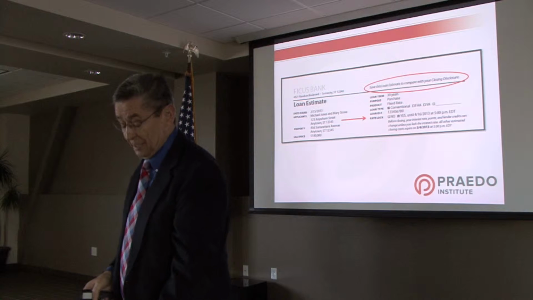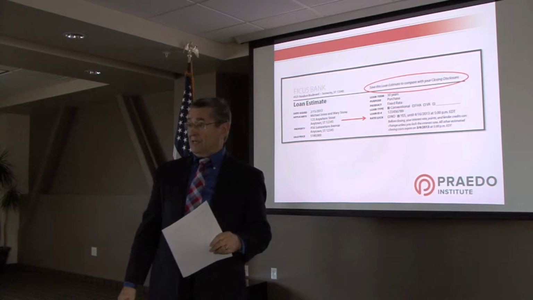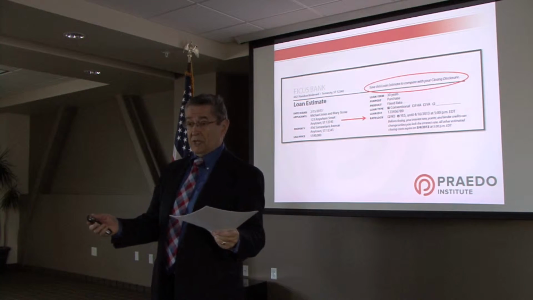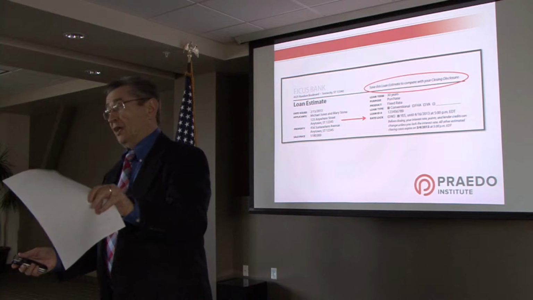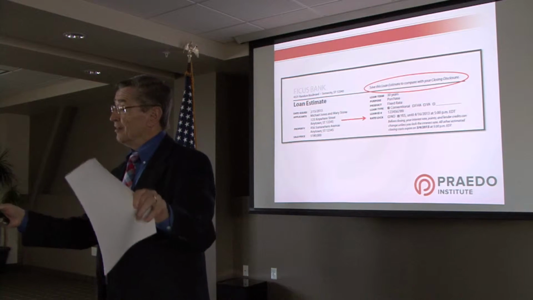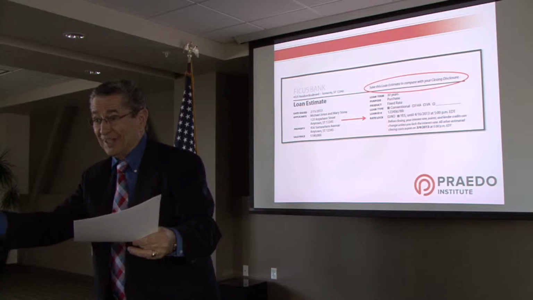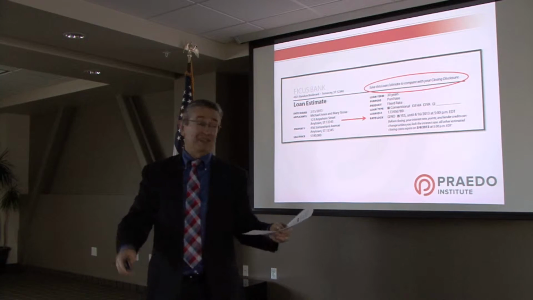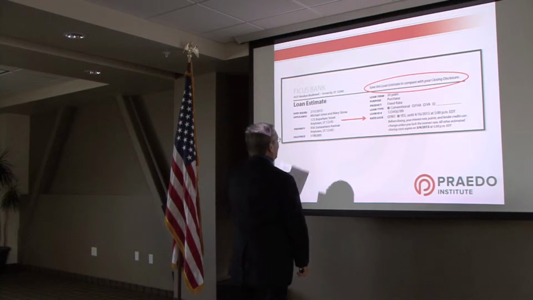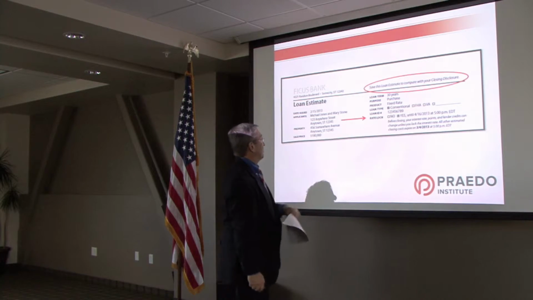We'll talk about those in a second. So that's kind of a novel idea. This is going to be a really, really good thing for the consumer. Now we'll get to the end of the course and see how good it is for you and the lenders, okay? But for the consumer, this is a pretty powerful document. So they're telling you right at the beginning, save this, and we're going to compare it.